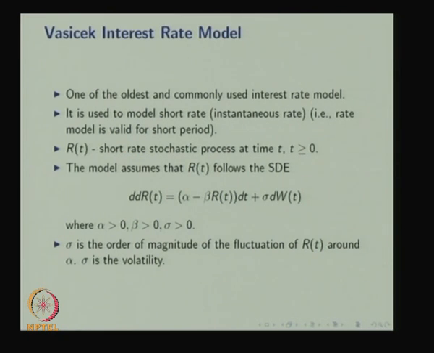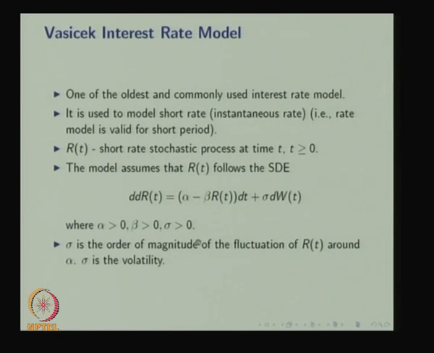Suppose capital R of t is a short rate stochastic process at time t. Then this model assumes the following stochastic differential equation: dR of t is equal to alpha minus beta times R of t, multiplied by dt, plus sigma dW of t, where alpha greater than 0, beta greater than 0, sigma greater than 0.